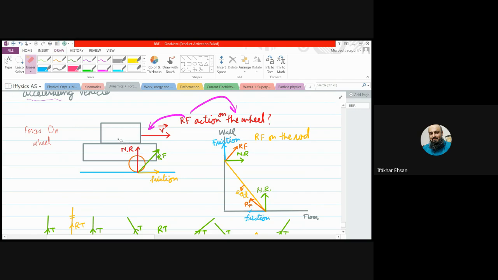That is always normal, meaning perpendicular to the surface in contact. Normal means perpendicular. So here the normal force will be upward and friction is in this direction. So these two forces are acting, and the resultant force is somewhere in the middle of the two forces, in this direction. So beta, the resultant force acting on the wheel will be in this direction. Please draw it.